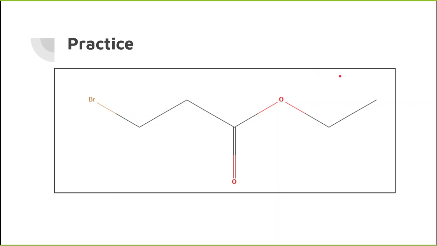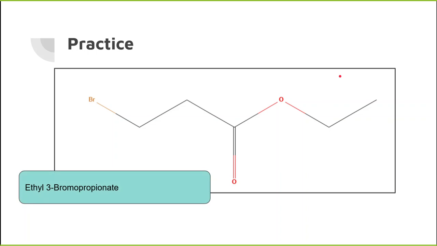All right, let's see what we got here. So yes, it is ethyl because you've got 2 carbons here as your alcohol part, and then 3-bromopropionate. 1, 2, 3. So you got your bromine over here.